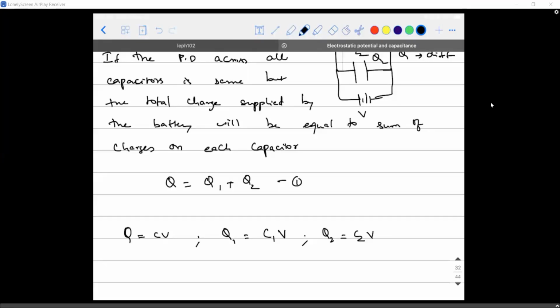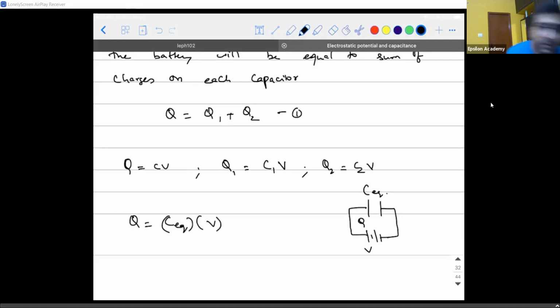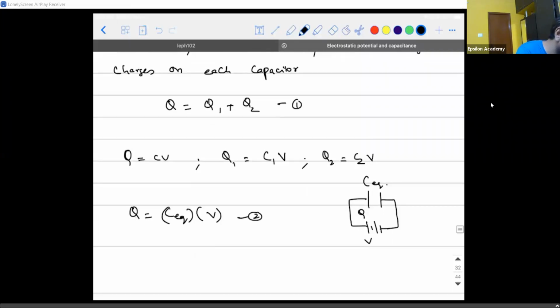No, sir. Right. Now, how do we draw the effective capacitor? The effective capacitor is the one which replaces both these capacitors and does the same work. If I call this C equivalent, and the total charge supplied by the battery Q, then Q will be equal to C equivalent into V. Let this be the second equation.